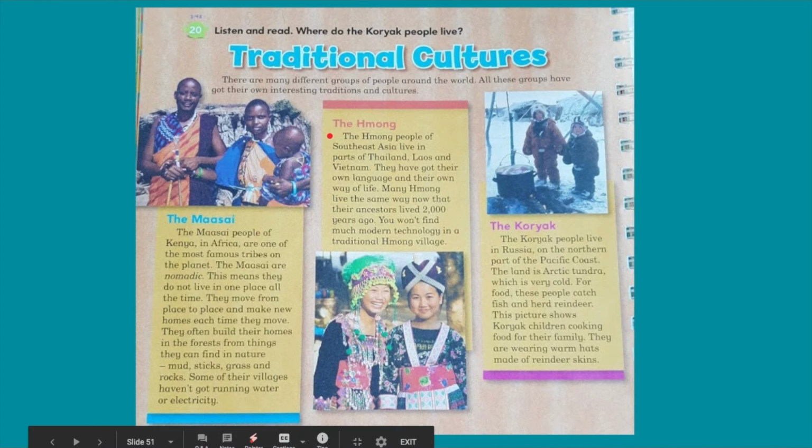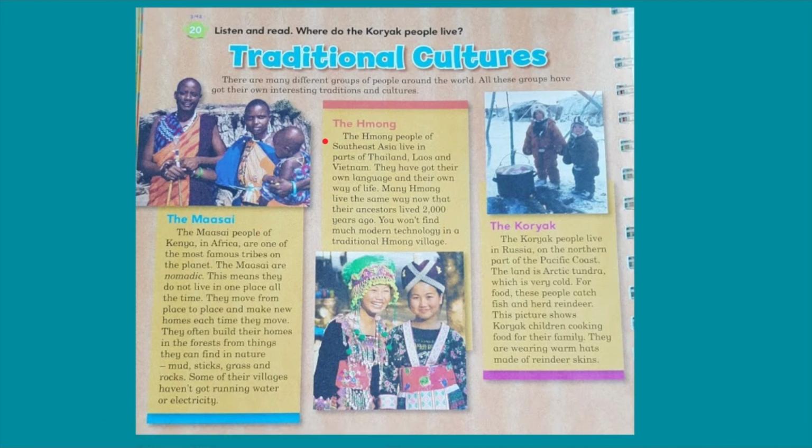The Hmong people of Southeast Asia live in parts of Thailand, Laos, and Vietnam. They have got their own language and their own way of life. Many Hmong live the same way now that their ancestors lived 2,000 years ago. You won't find much modern technology in a traditional Hmong village.